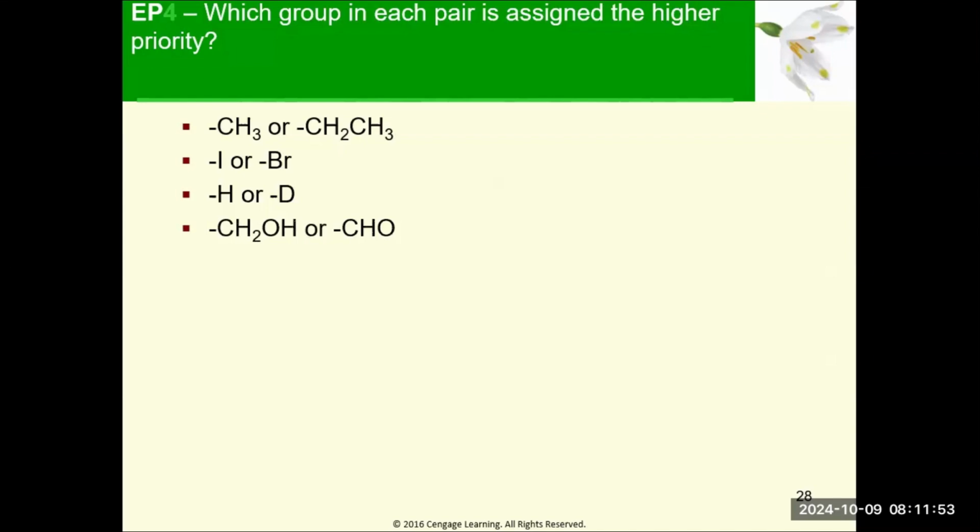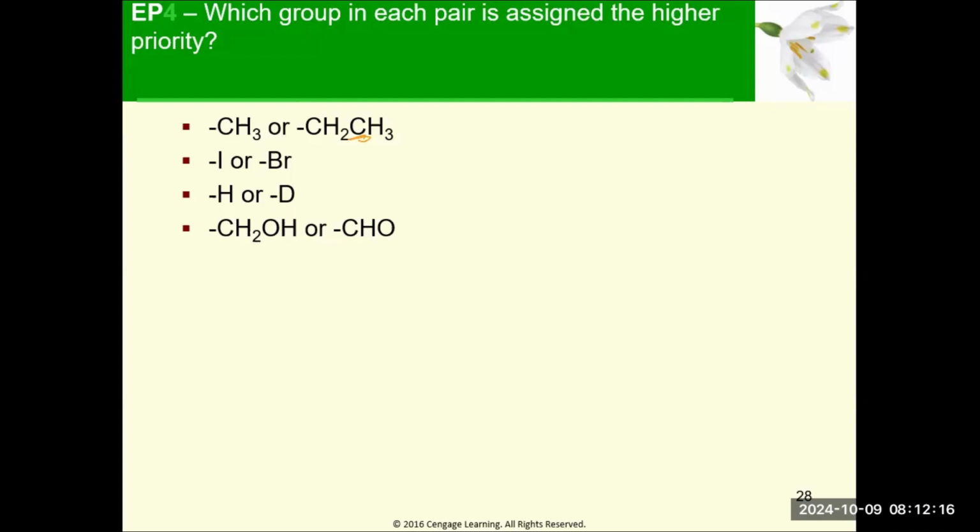All right, so let's go through these. Which one, the methyl group or the ethyl group, would take higher priority? If you said the ethyl group takes higher priority, you are absolutely correct, because the first carbon is only bonded to 3 hydrogens, which have low priority, whereas the second carbon is bonded to 2 hydrogens, but also a carbon.